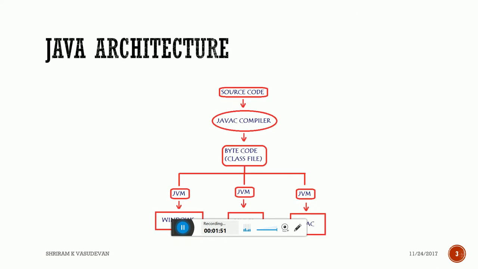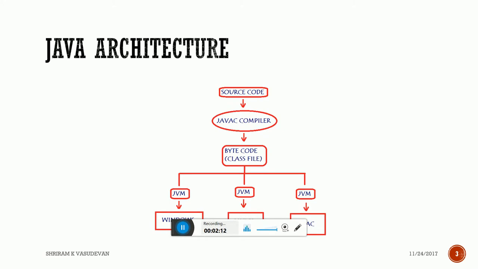Now the process is pretty simple. When I send the source code, that is the code that I have written, it will go into the javac compiler, and this compiler will generate the bytecode, which is called the class file. The class file is platform independent, which means I can use this class in any platform without any problem.